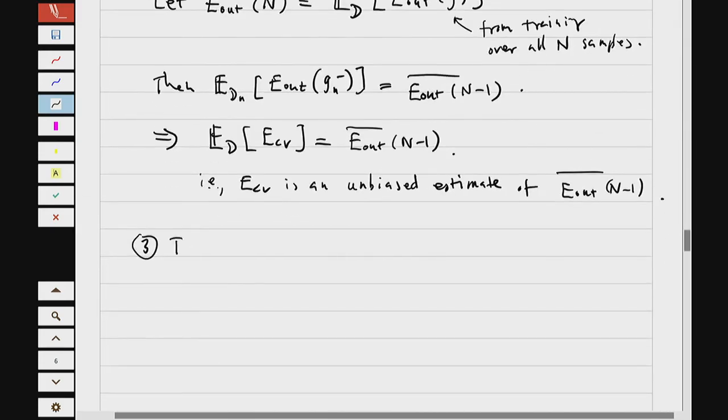So the error terms E1 to EM are not independent.